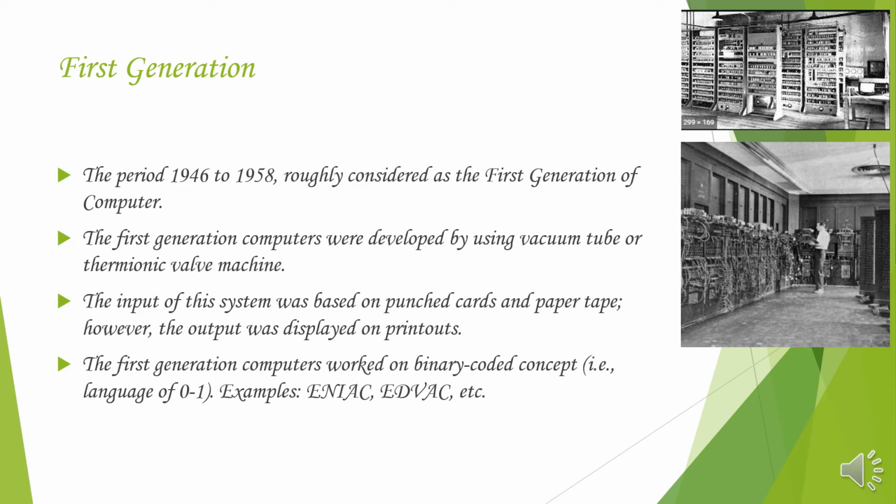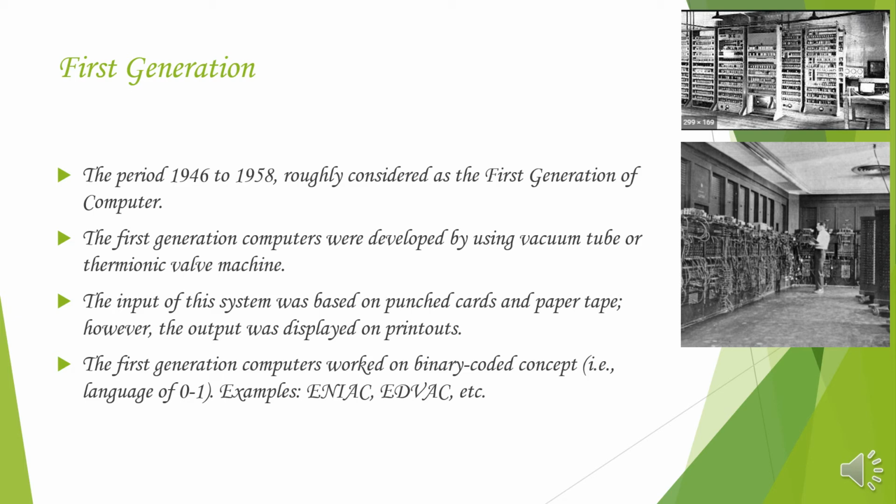Disadvantages: it is not portable, it is very big and huge, it is unreliable, and has limited uses for commercial purposes. The biggest disadvantage is that it is very expensive and slow in working.